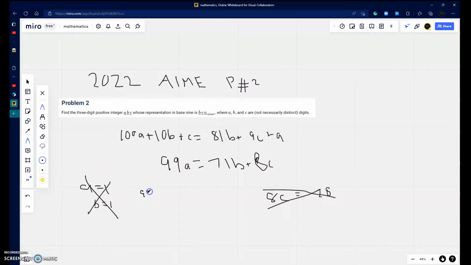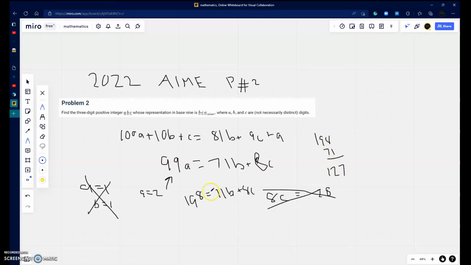So we could try A equals 2, and in this case, if we plug it in, we have 198 equals 71B plus 8C. And if we plug in B equals 1, then 198 minus 71 is 127, which is not a multiple of 8.